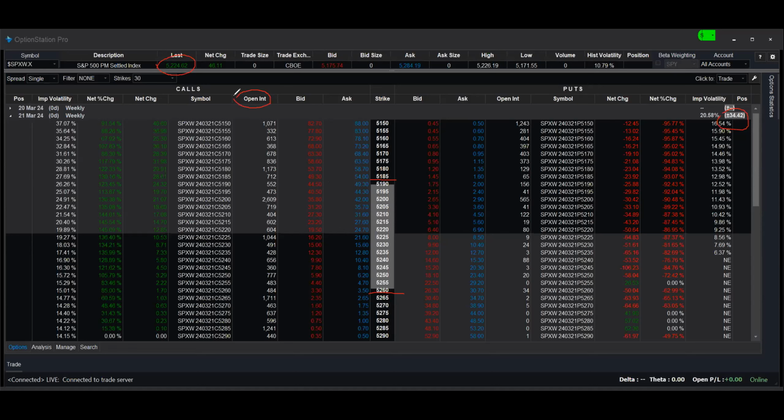From 52.25 all the way down to 52.60, the 52.50s have the largest open interest. From 52.25 down to 51.90, the 5200s have the largest open interest in puts.